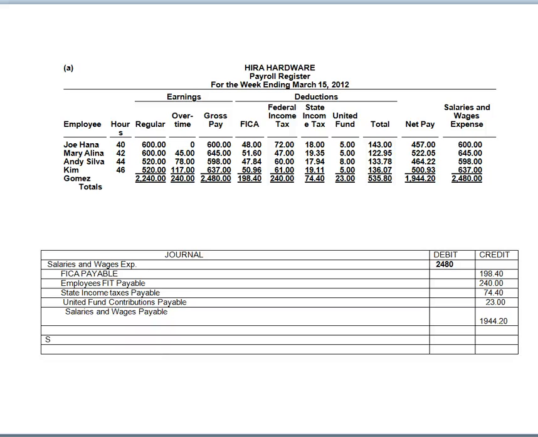So generally, right after that first entry, the whole processing would be to take that salaries and wages payable account, and kill that with a debit of 1944.20.